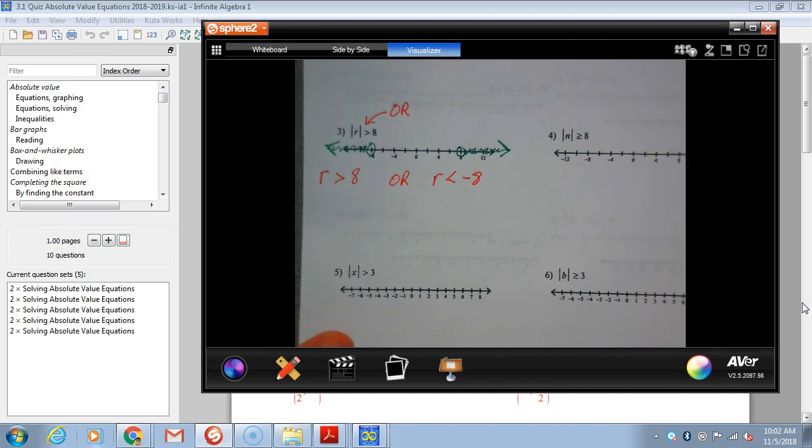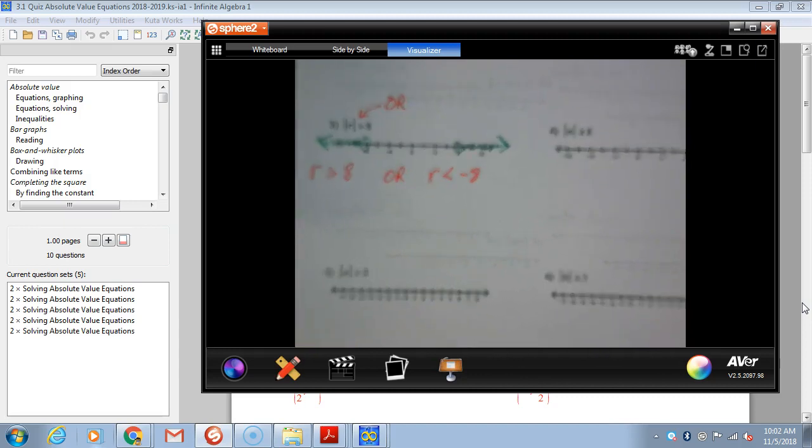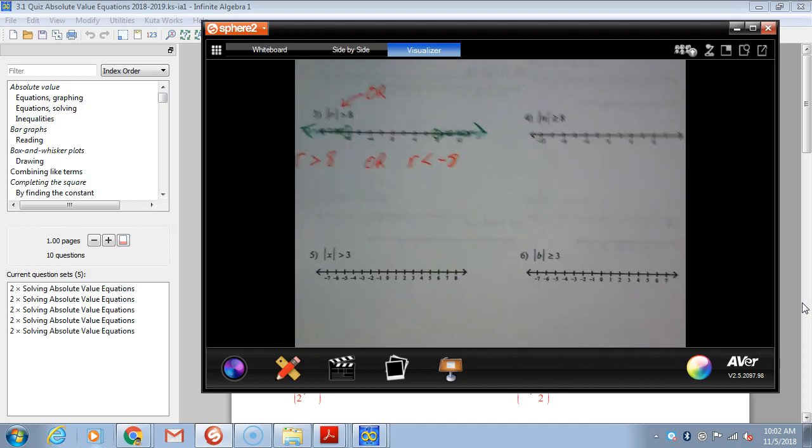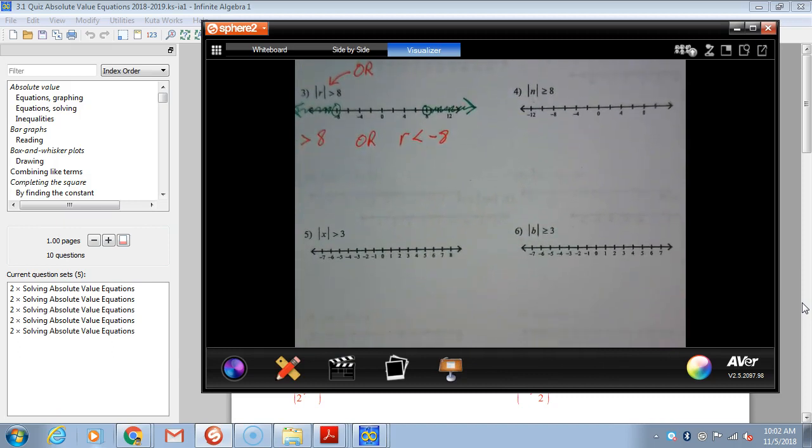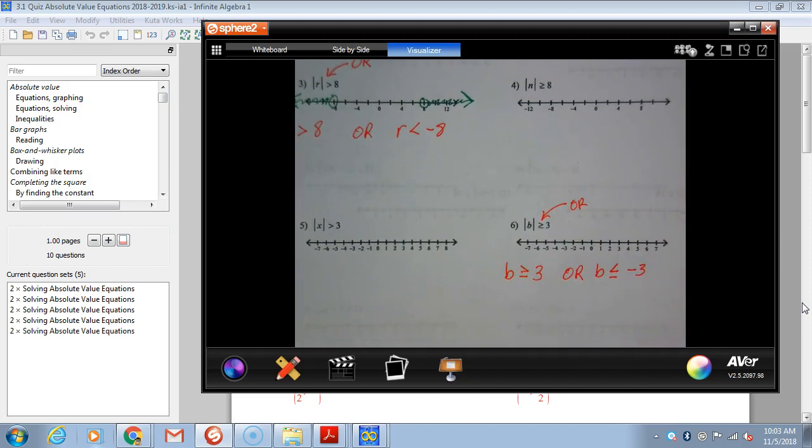Let's do number 6, only because it has an equal sign. B is going to be greater than or equal to 3. It's an or. Or B, I have to flip the sign because I'm going to make this a negative 3, less than or equal to negative 3.